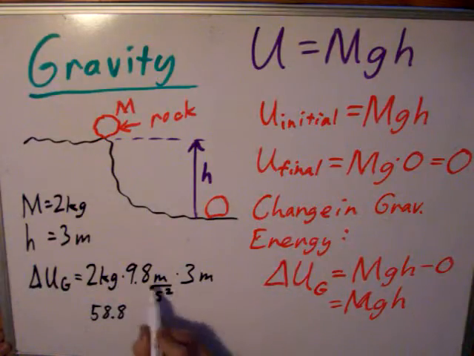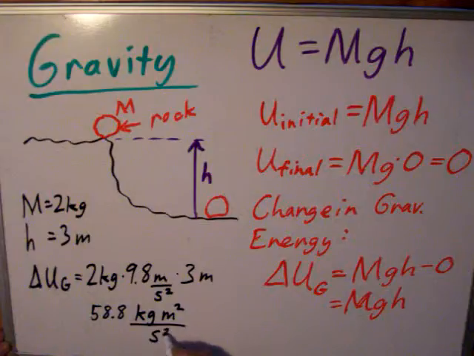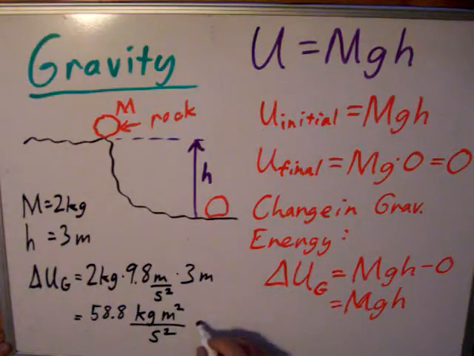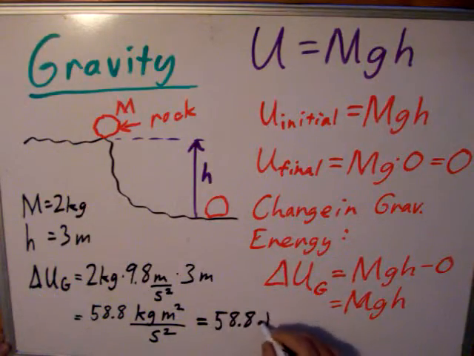Kilograms, meters, meters. Meters times meters is the same thing as meters squared. So I can write kilograms, meters squared per second squared. Fortunately, this also is equal to a very convenient unit, which we've used before. It's the unit for energy, and that happens to be joules. So this is equal to 58.8 joules.